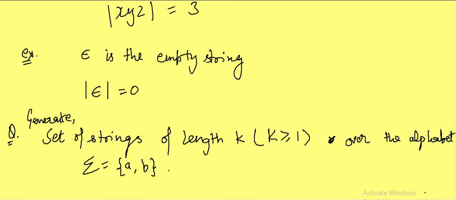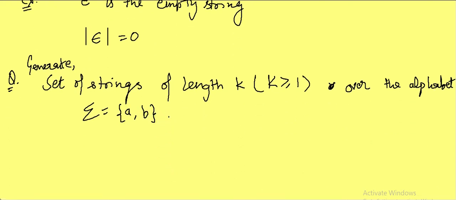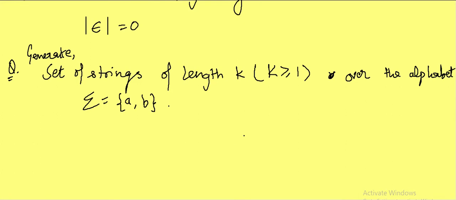Or they can ask you what will be the set of strings of length k, when k is greater than or equal to 1, over the alphabet A comma B. So what does it mean?